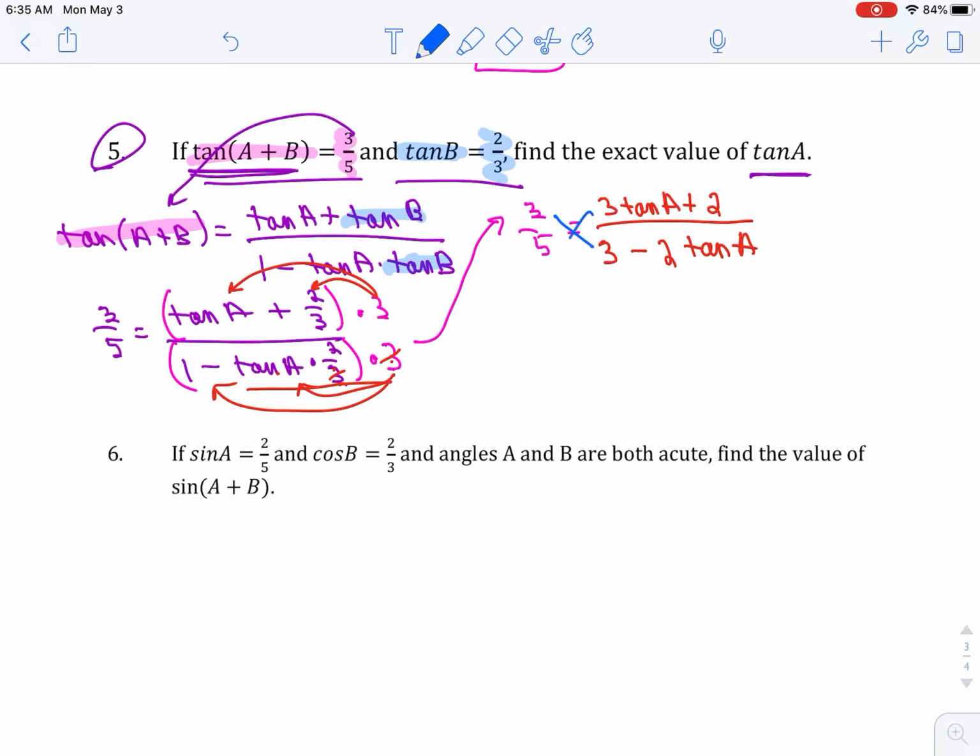So what I'm going to do is cross multiply. So that means I'm going to take 3 times the quantity 3 minus 2 tan a. And that has to equal this cross multiplication, which is 5 times the quantity 3 tan a plus 2. Now remember, all they asked us to solve for is the tangent of a. We don't need to know what a is. So I just need to get the tangent of a by itself.